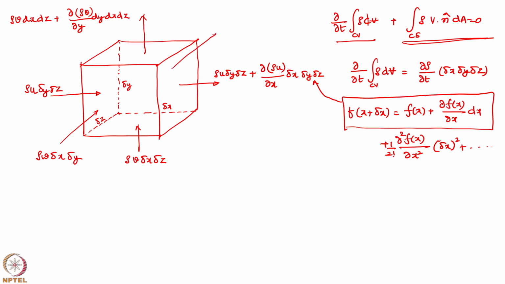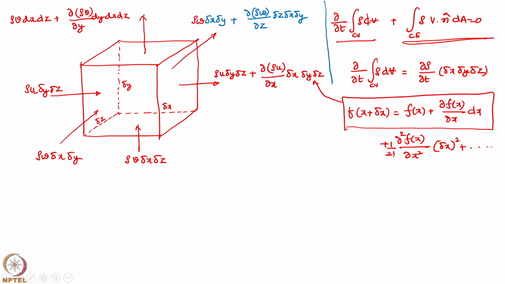Similarly, what is getting out here is that w, that is rho w delta x delta y, rho w delta x delta y plus dou of rho w by dou z into dz into delta x delta y.